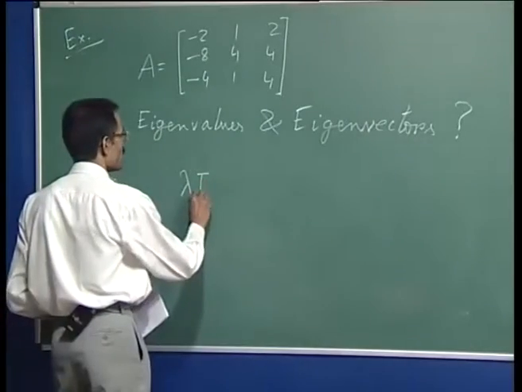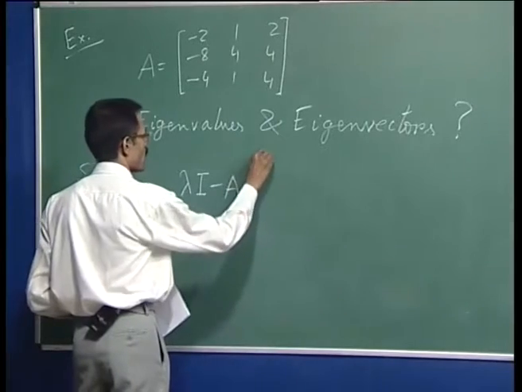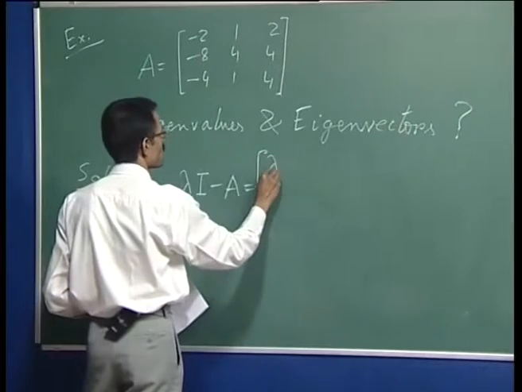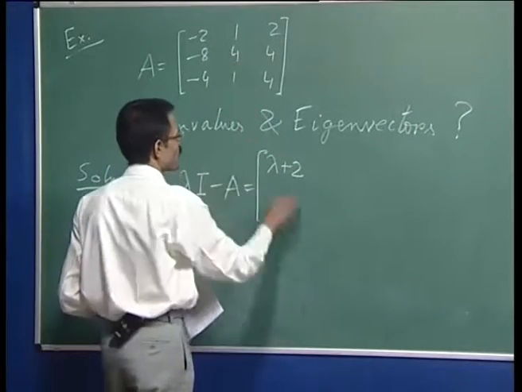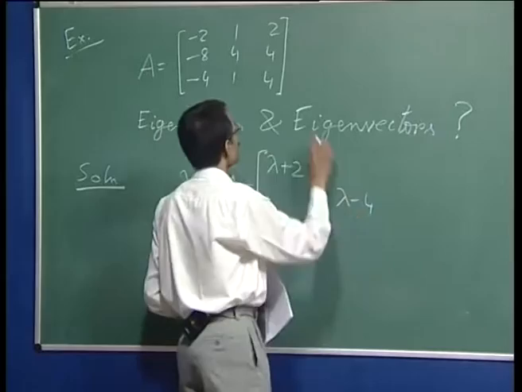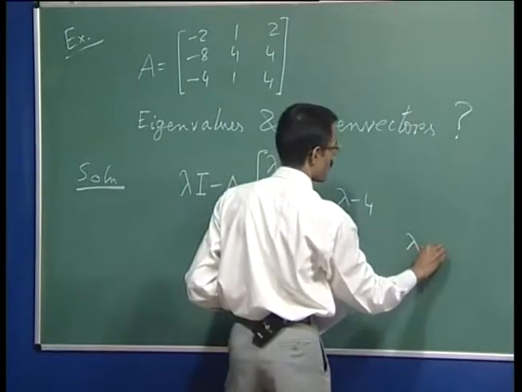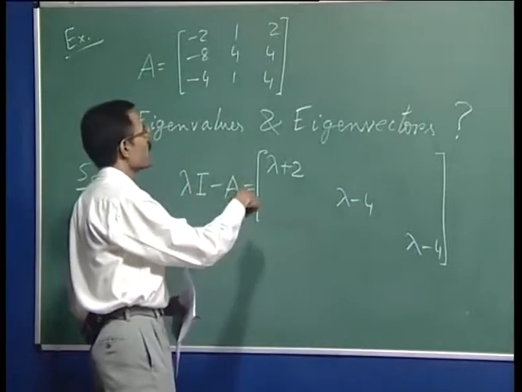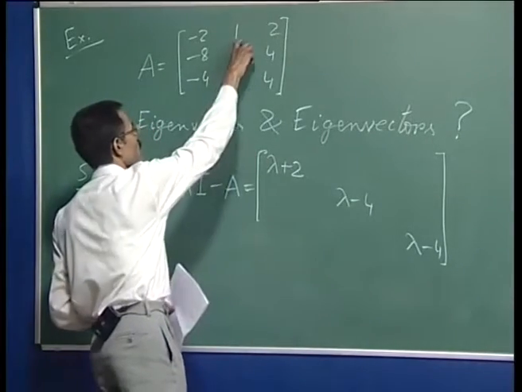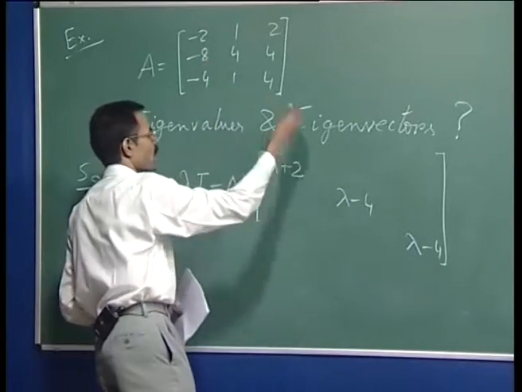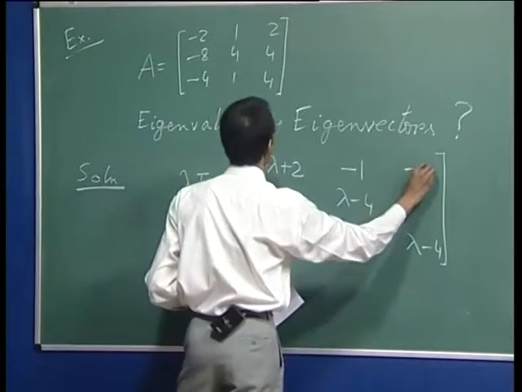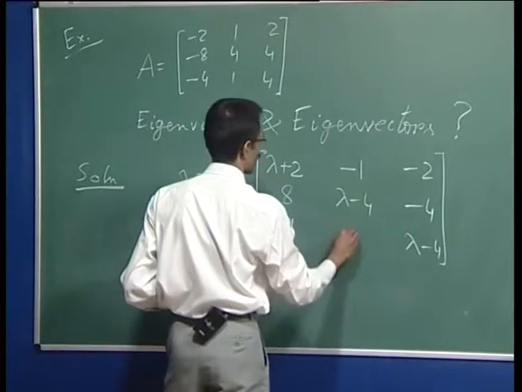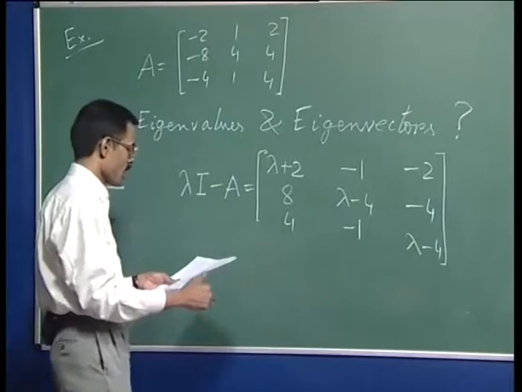So, lambda I minus A, that matrix will be lambda minus 2, that is lambda plus 2, then lambda minus 4, then lambda minus 4, and on the off diagonal elements there will be no effect of this, these will just become negative. Like this, right.